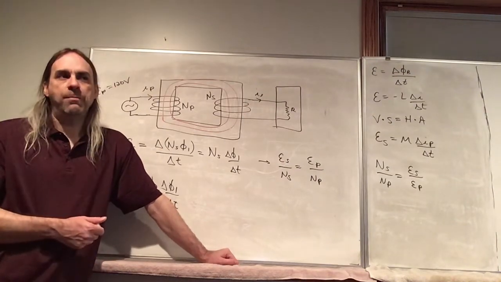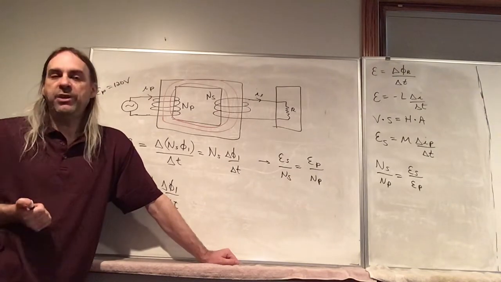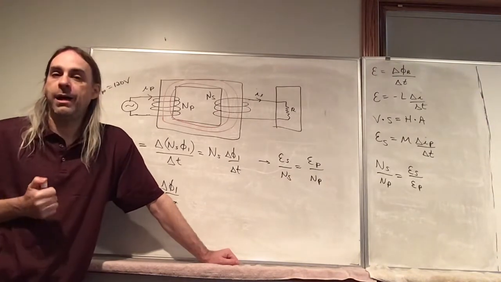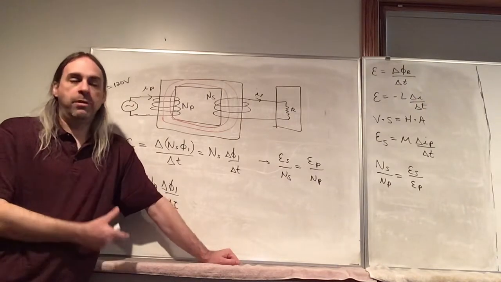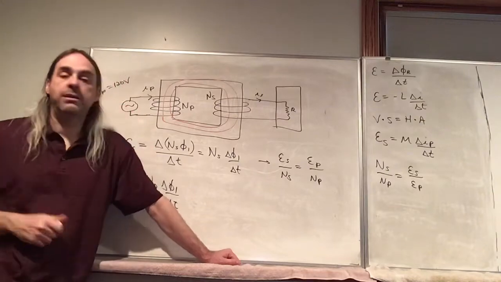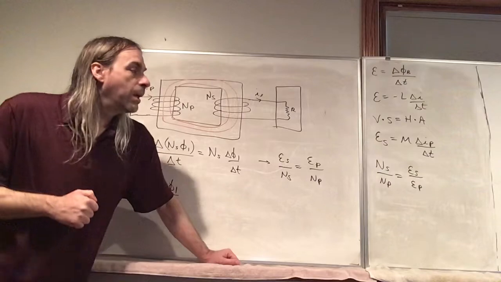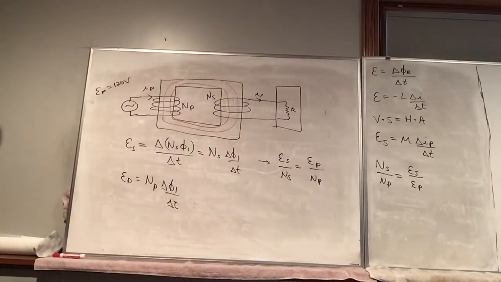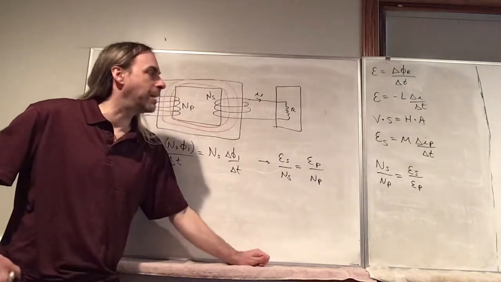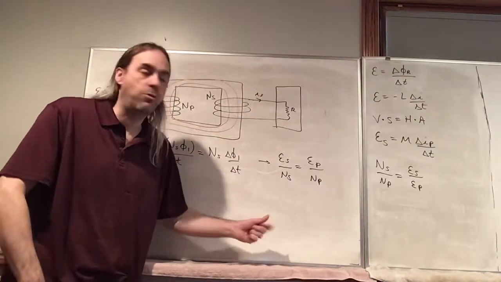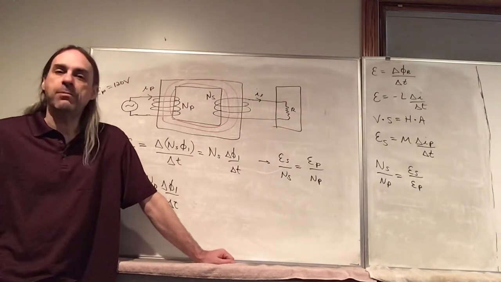Another important application is power transmission, where it's more efficient to transmit power at high voltage. We produce energy at a power plant, but then we have to deliver it for miles to get to your house or wherever it's going to go. We know that the losses due to Joule heating, that I squared R, are kind of minimal in a lot of applications.